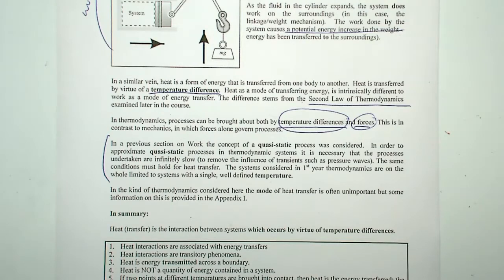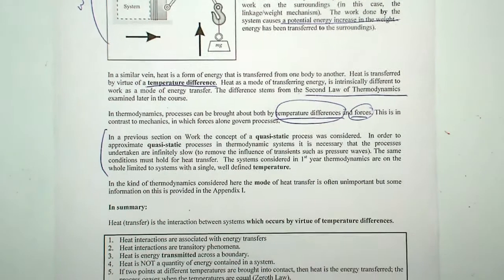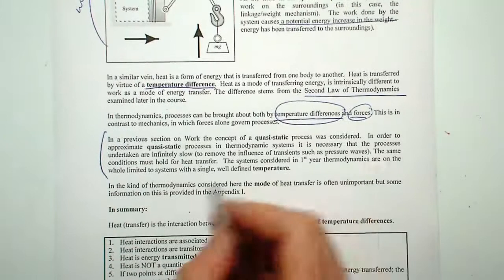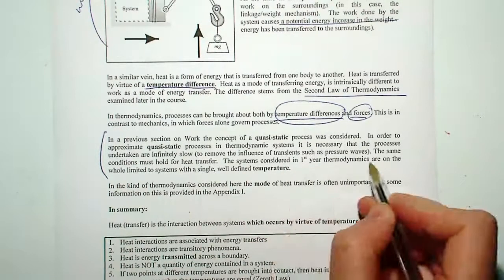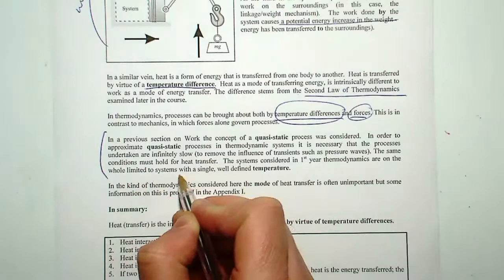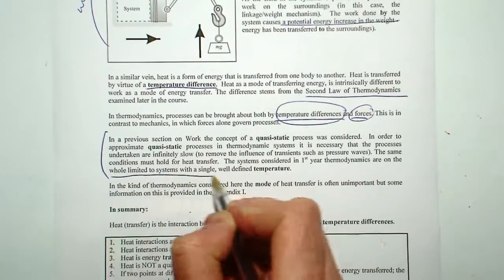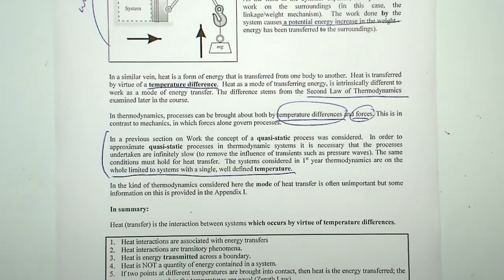So for now, just bear with us and assume that this is the main assumption, and then we will introduce later on some real losses which would change this assumption. The systems that we consider in this module will, on the whole, be limited to a single well-defined temperature. And that's how we implement this quasi-static assumption, by having a single well-defined temperature in our problems.